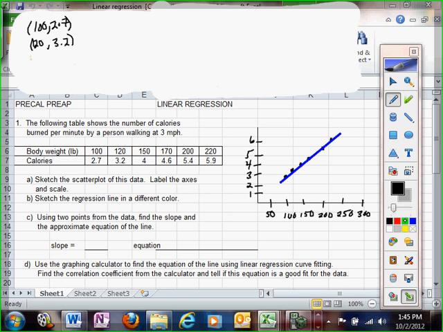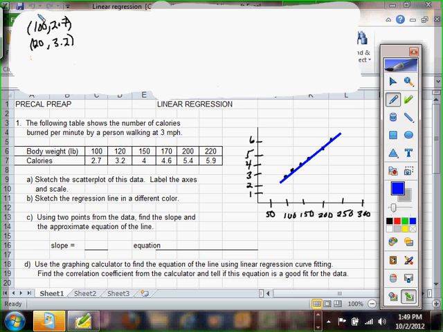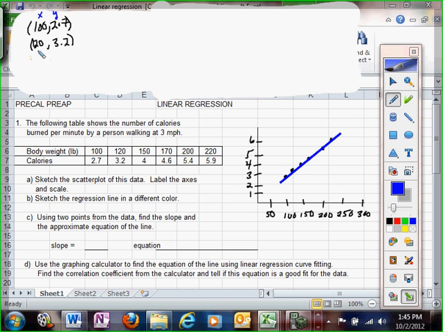So if we have an xy here, and I have an xy here, this can be x1, y1, this can be x2, y2, and then if I plug it into my slope formula, y2 minus y1 is 3.2 minus 2.7 over 120 minus 100.